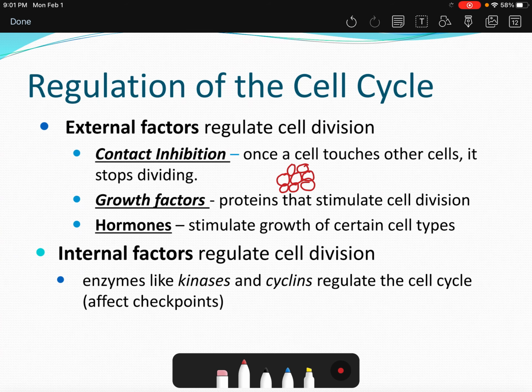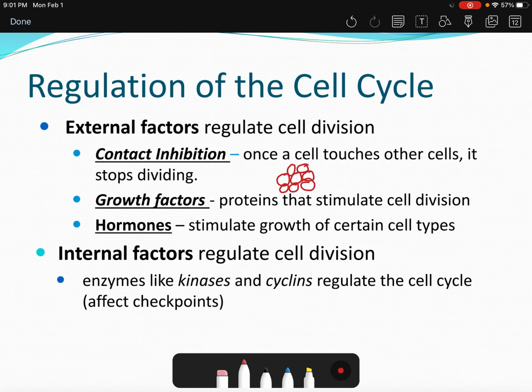Other things like growth factors are proteins that can actually stimulate cell division. So growth factors are very active when individuals are growing, when they're younger. And then hormones also stimulate the growth of certain cell types, specifically human growth hormone.